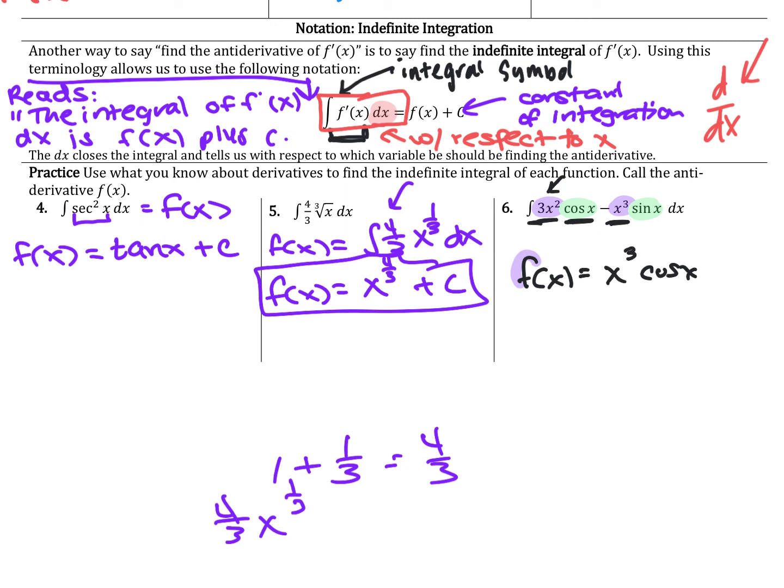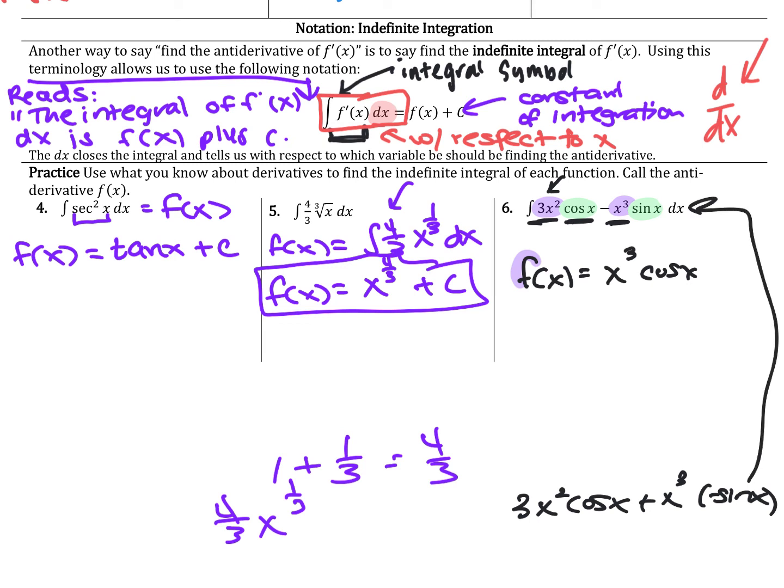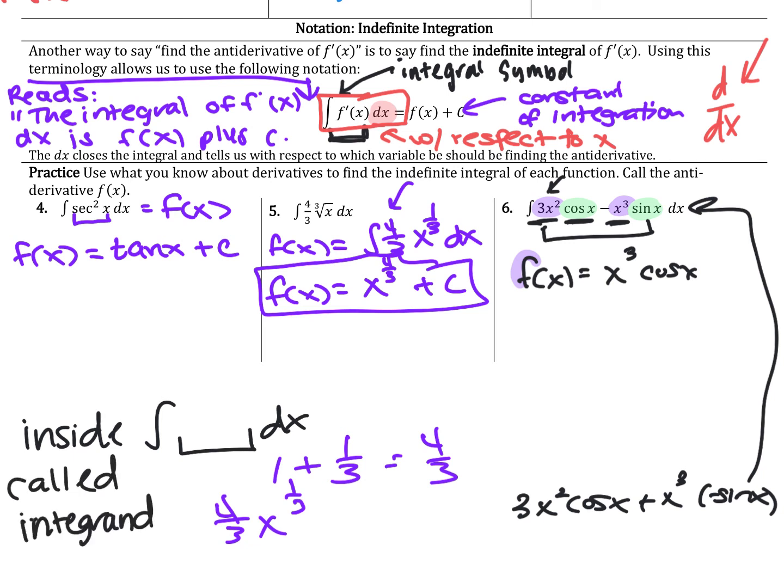And if I took the derivative of this, 3x squared, keep the second function the same, plus keep the first function the same and multiply by the derivative, which is negative sine. And that does get me up into this piece right here, which is known as the integrand. So the part inside the integral is called the integrand.